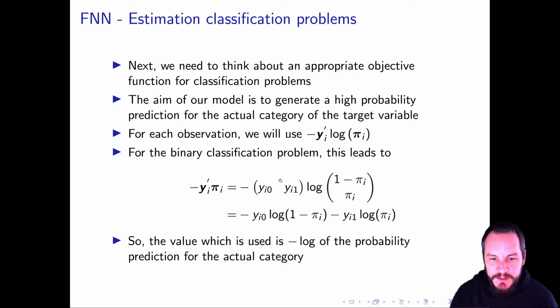Okay, so if we multiply this, then this leads us to this expression here, and as this is encoded only in 0s and 1s, only one of these two terms will remain. Okay, so if it's a male person, then this is set to 1 and this is set to 0.